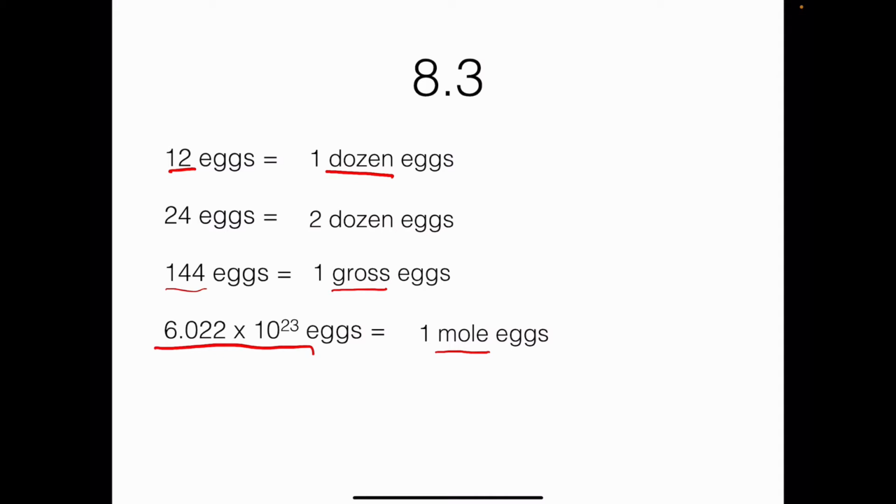So I could just say a dozen equals 12, a gross equals 144, 1 mole equals 6.022 times 10 to the 23rd. Remember, we talked about atoms being so small. So we need the mole to be able to tell us how many atoms we have without counting individually. We're going back to this idea of counting by weighing.